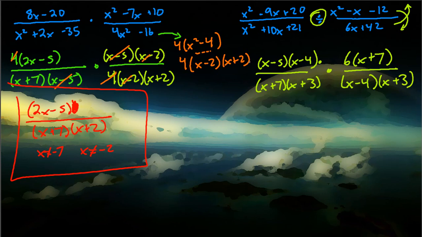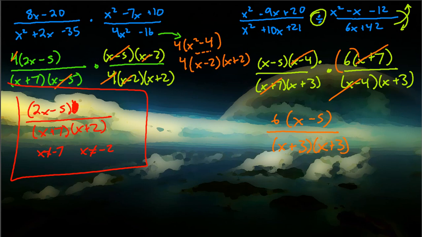Okay, now we're ready to start canceling. Be very tempting to cancel those. You can't cancel sideways, but I can cancel the x minus 4. So what does that leave us with? X minus 5. We have a 6 right here. We'll just copy that in front. X plus 3 and x plus 3.